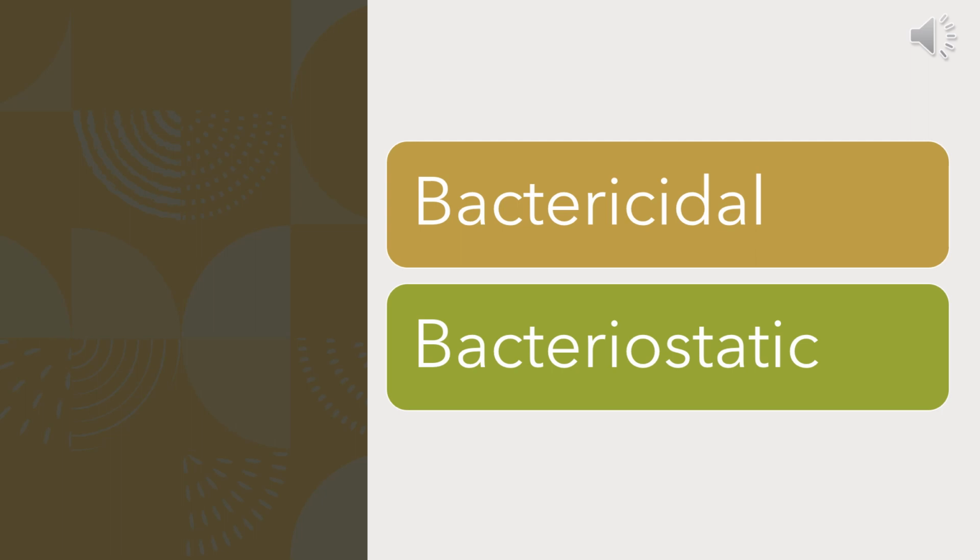It's going to get in there and stop them from dividing and reproducing, versus just killing them straight out. Both of these have benefits and negatives. I wish I could go a little bit deeper into that, but that might be a PowerPoint later on in the future that I have to write.